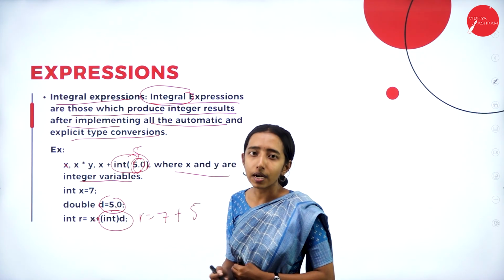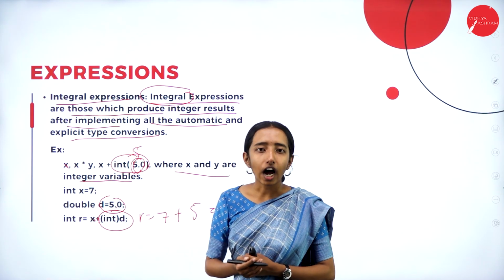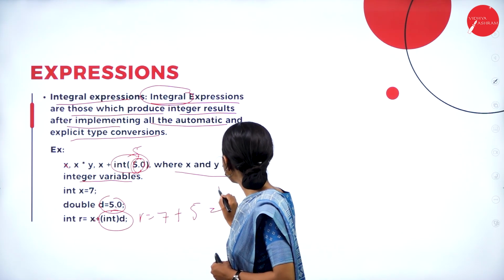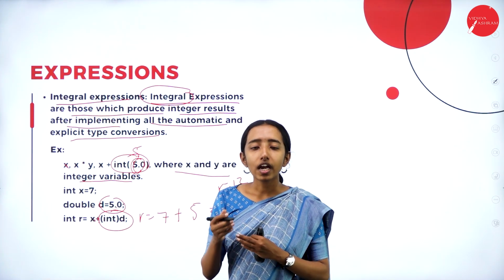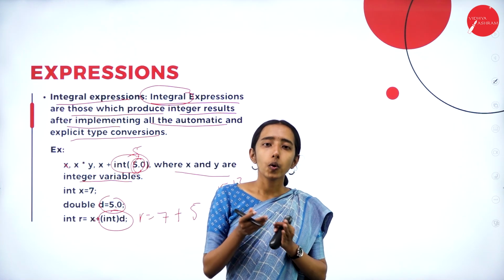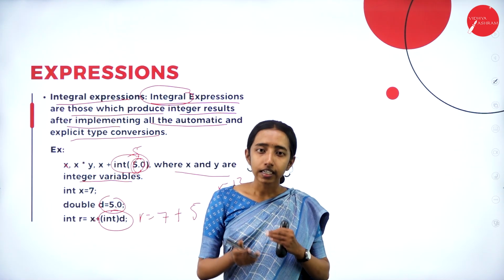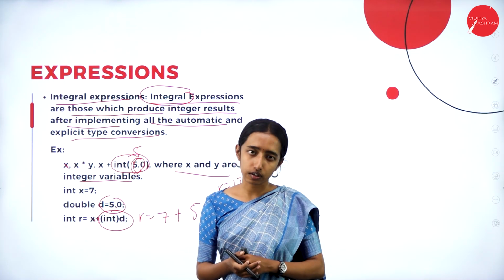So 7 plus 5, the value is 12. So we will get the output R is equal to 12. In this way, whether we are using variables in alphabet form, the result will always be an integer.